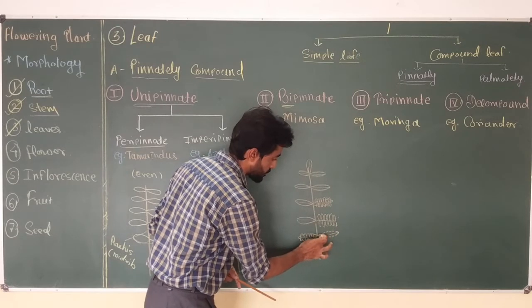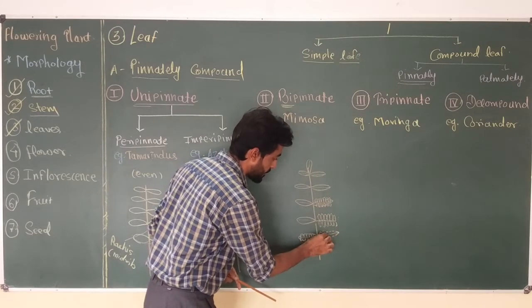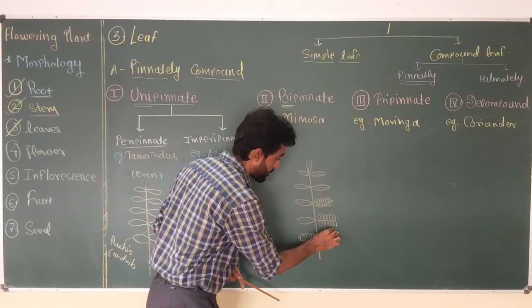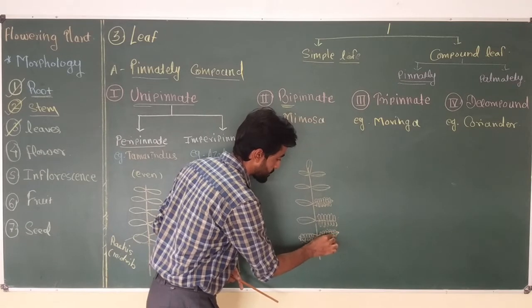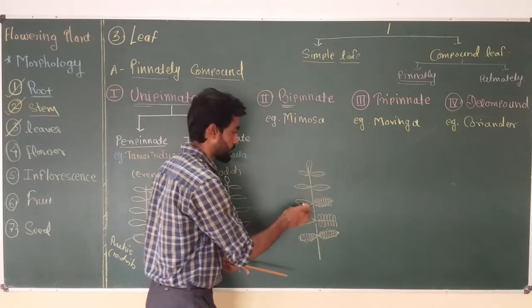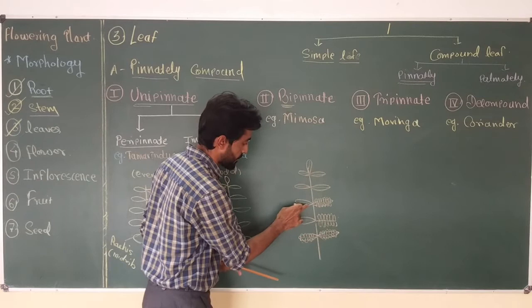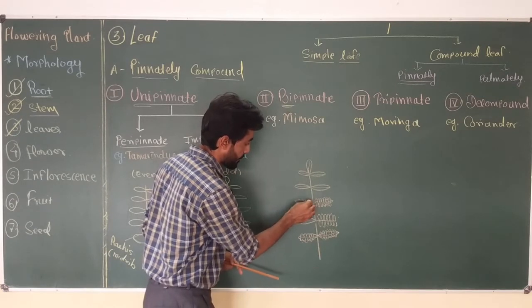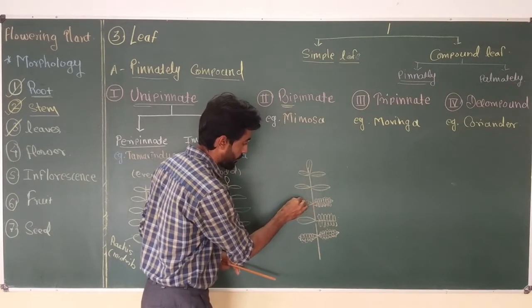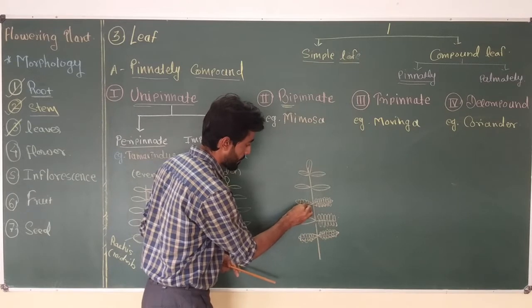And now the structure which is produced due to the second incision is called pinnules. Okay, so you can draw a similar structure on every leaflet.